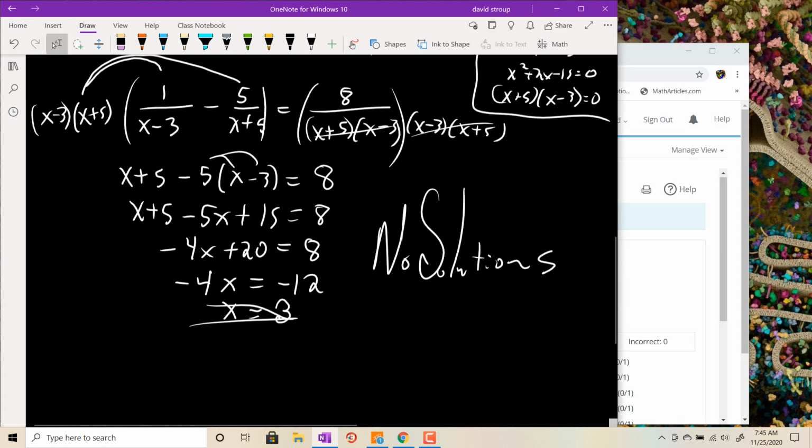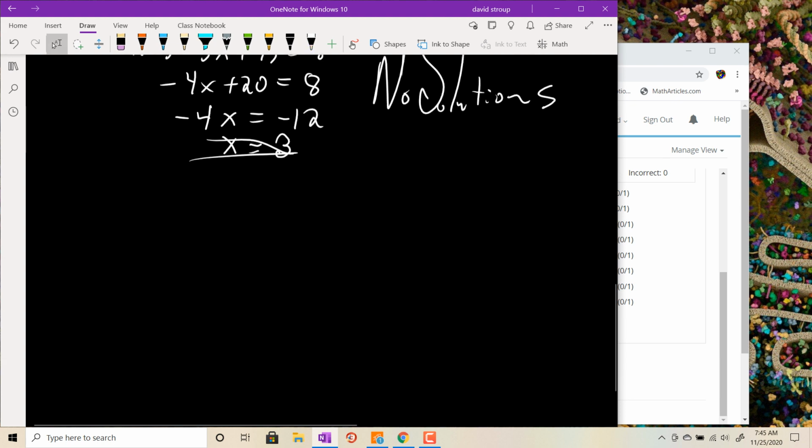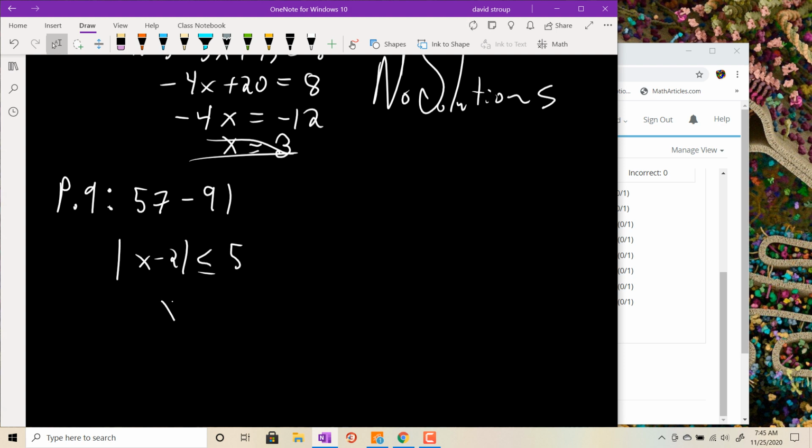So what else? Let's move on to P9 now. So P9 was all about inequalities, absolute value inequalities in particular. So I'll be looking at those, 57 to 91. The main idea was that if you had something like the absolute value of x minus 2 less than or equal to 5, you could rewrite that as a compound inequality and then solve it.